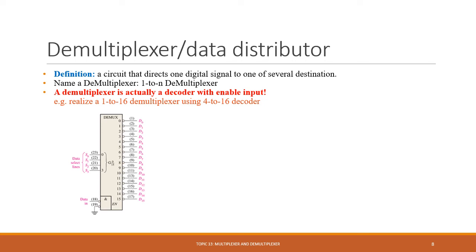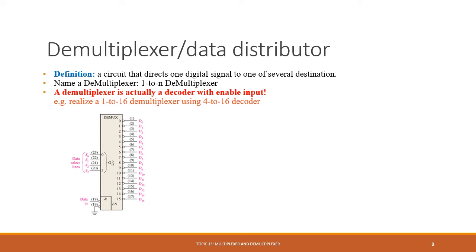A demux has multiple outputs but one data input. Then it will select among the different outputs to send the input data. Okay, the opposite. And physically, a demultiplexer is the same as a decoder with enable input.